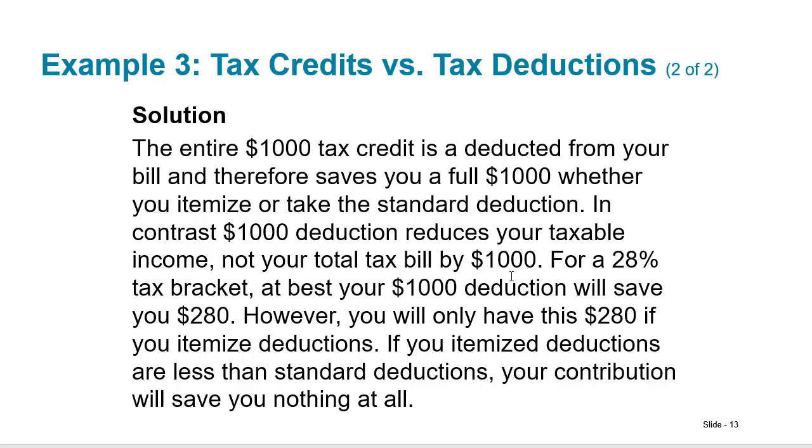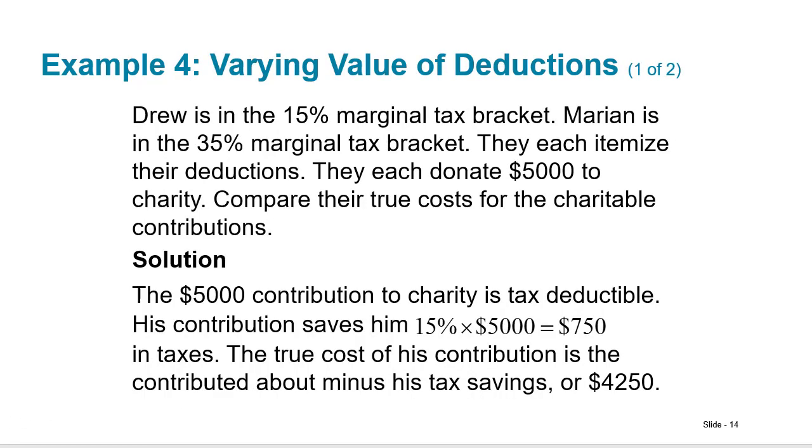So if you take 28% of 1,000, it only saves you $280, right? And you will only have this $280 bonus, or less tax, if you use itemized deductions. If your itemized deductions are less than the standard deduction, then it'll save you nothing, right? So oftentimes tax credits are much better than tax deductions, but tax credits are much harder to get.